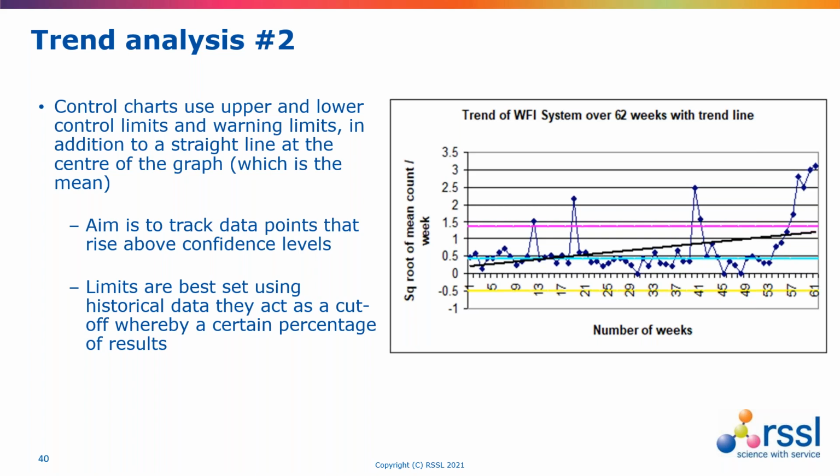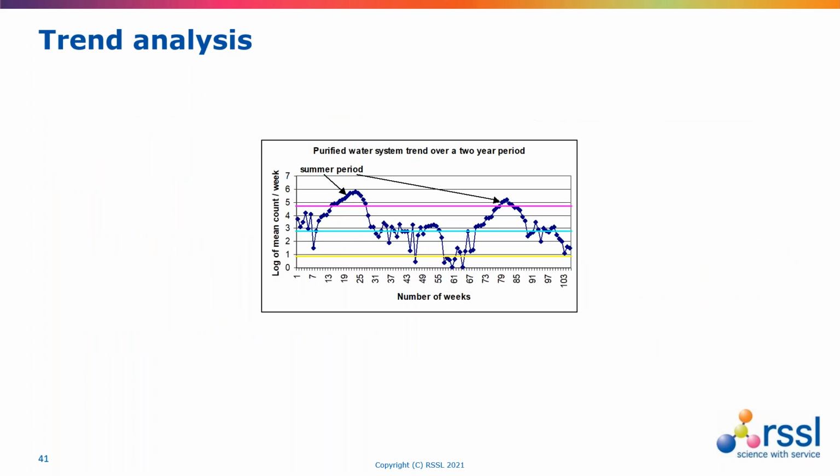These are actual weeks, so rather than letting the water system drift so far out of control, it's just showing some of the things that can be derived from trend charts in terms of trying to predict when things are going wrong.